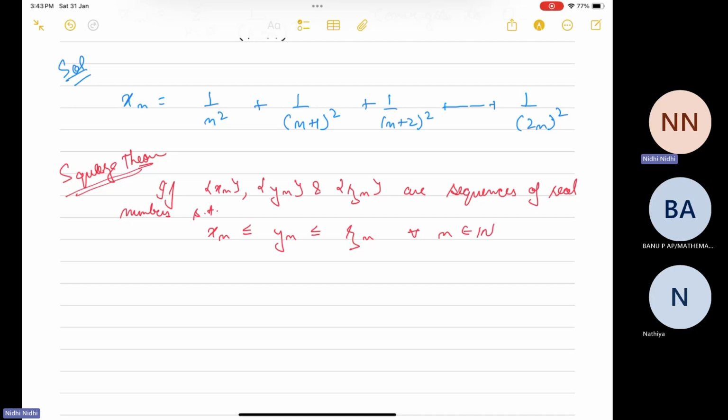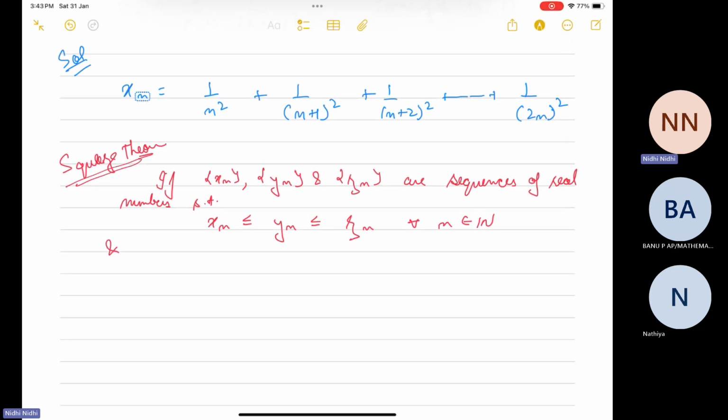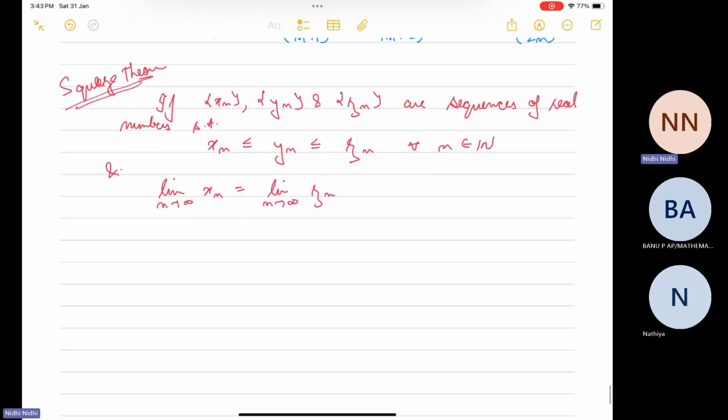and the sequences between which the sequence yn is squeezed both converge to the same limit, limit n tending to infinity xn is equal to limit n tending to infinity zn. If such a condition holds, then the sequence yn must also converge to the same limit. That means if we have a sandwich, suppose bread, and in between we have the patties.